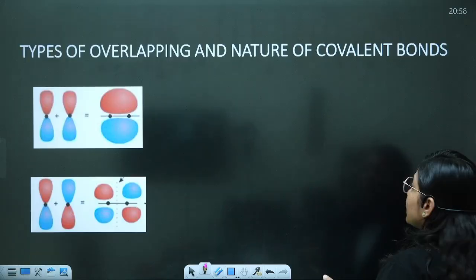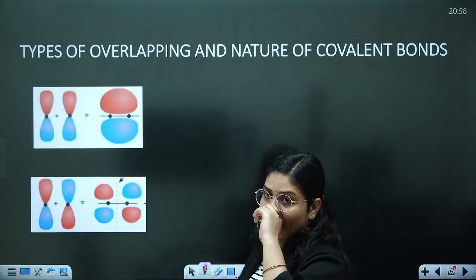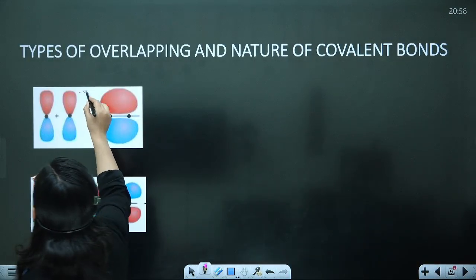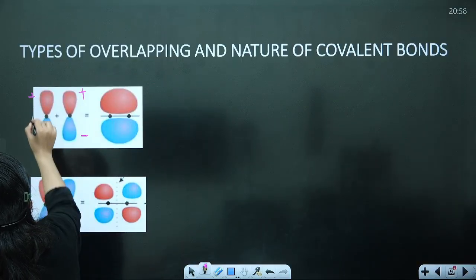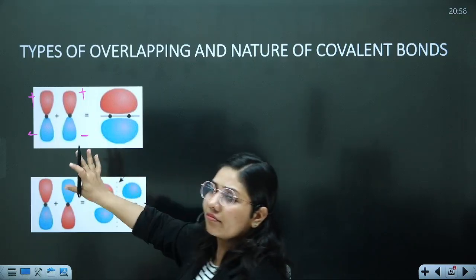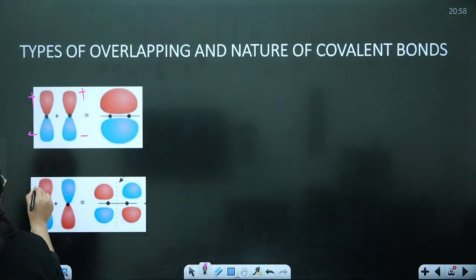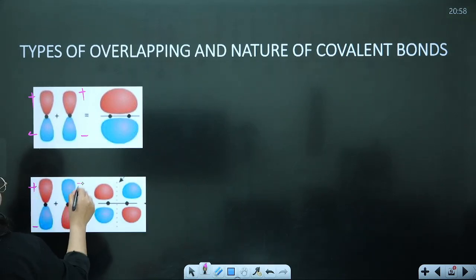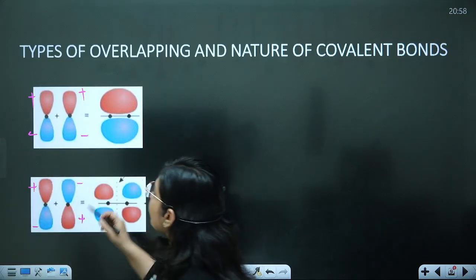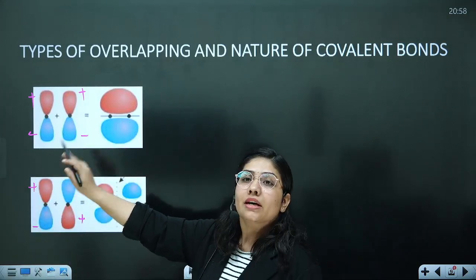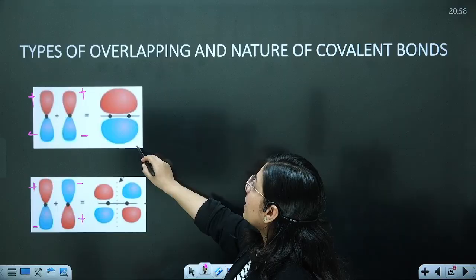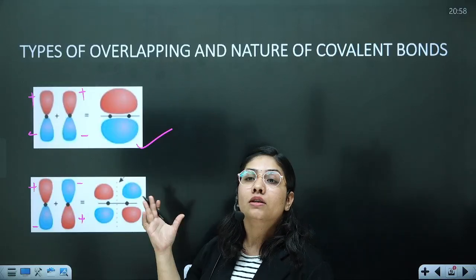After this, there is one more possibility. This is positive phase, this is negative, you can take any color as positive or negative. Here these two orbitals are combining and you are getting this kind of shape.